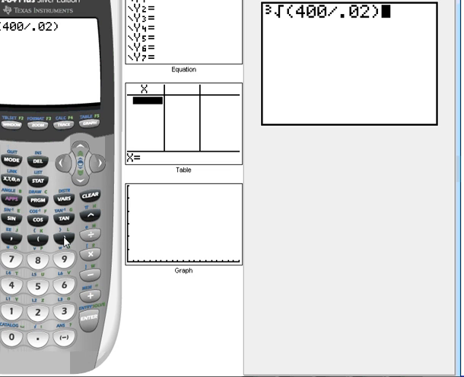If your calculator doesn't automatically put parentheses, make sure you put those in, because we need to take the cube root of that quotient.